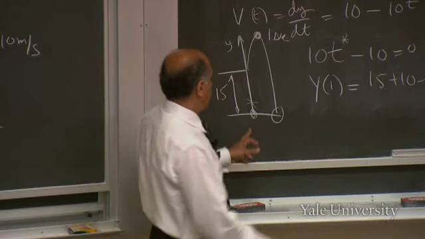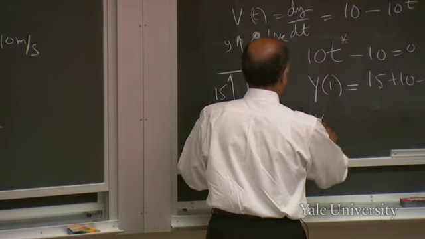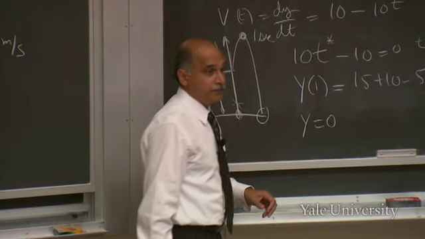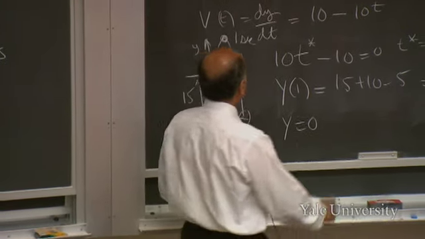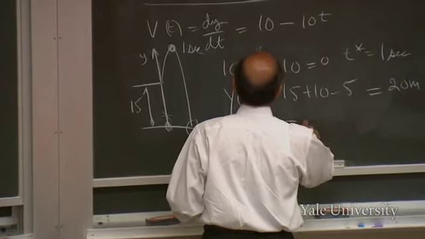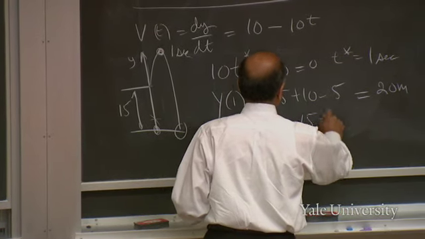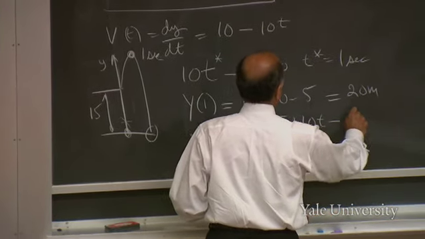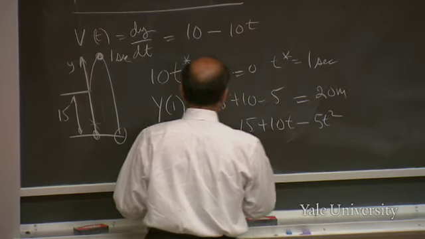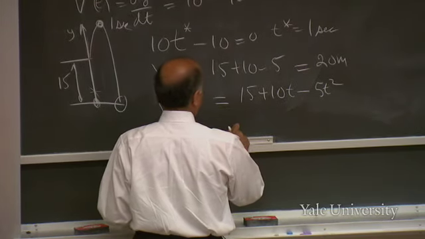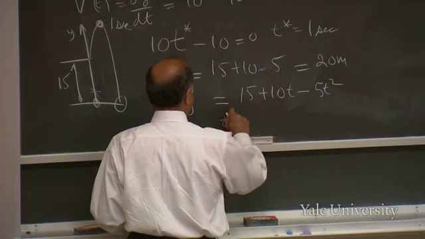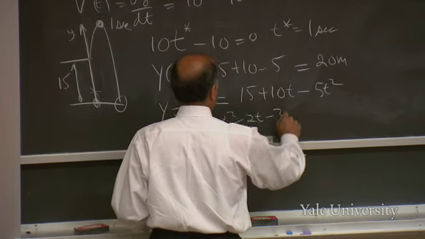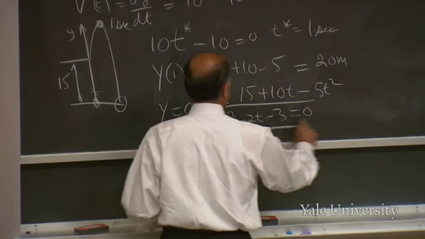So in that notation, I want to ask, when is y equal to 0? So I ask when y is equal to 0, then I say 0 is 15 plus 10t minus 5t squared, or I'm canceling the 5 everywhere and changing the sign here, I get t squared minus 2t minus 3 equal to 0.